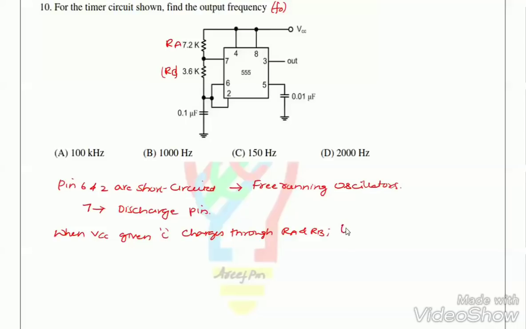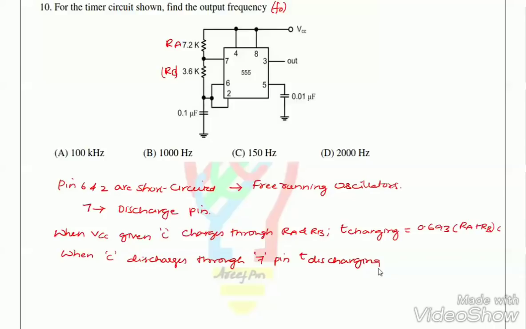Now the charging time is equal to 0.693 into RA plus RB into C. So RA plus RB into C. Similarly, when the capacitor discharges through the 7th pin, which is nothing but the discharge pin, the discharging time is equal to 0.693, so only RB is present now, so RB into C.